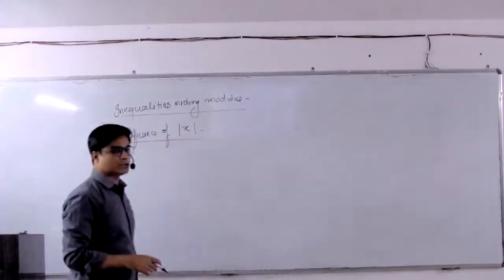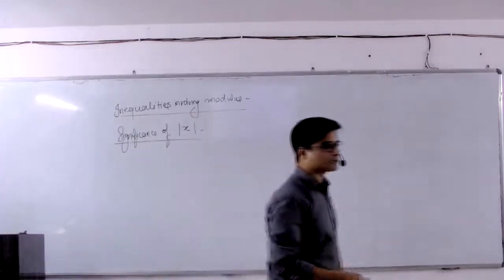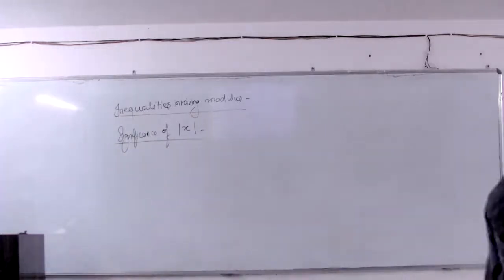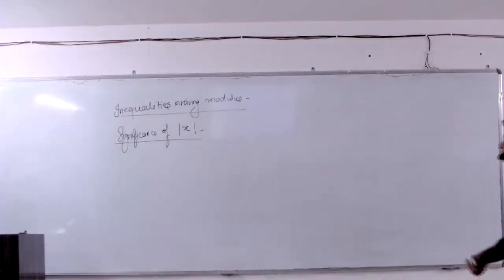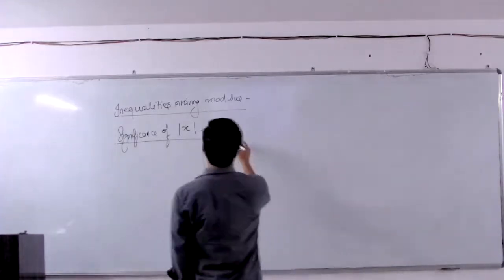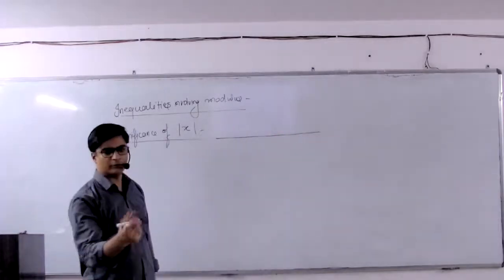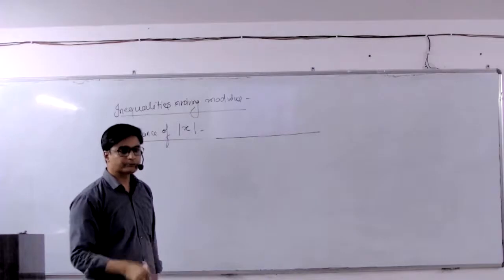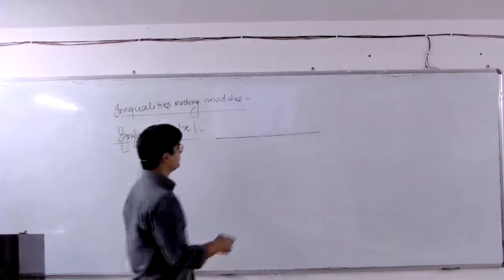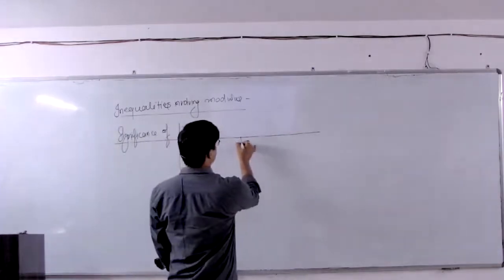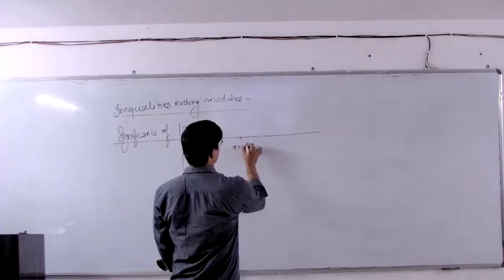First of all, understand what is the significance of mod x, what it is representing. Let's say if I take x equals to -5. So this is, let's say, x equals to -5.